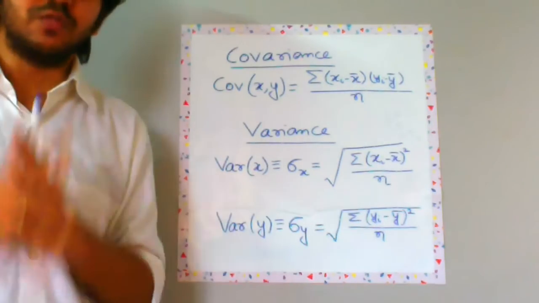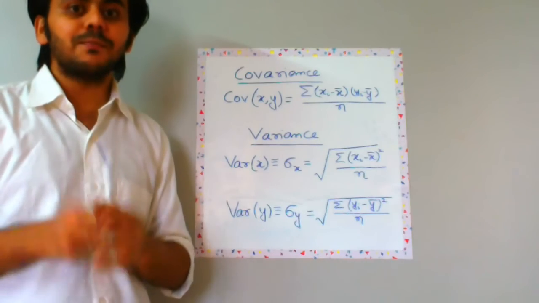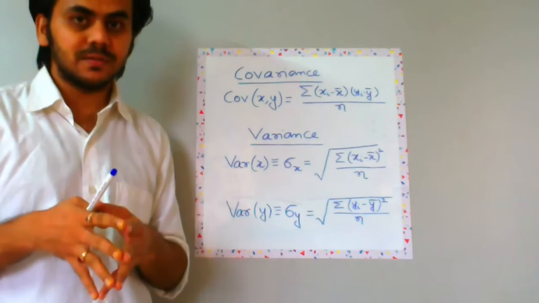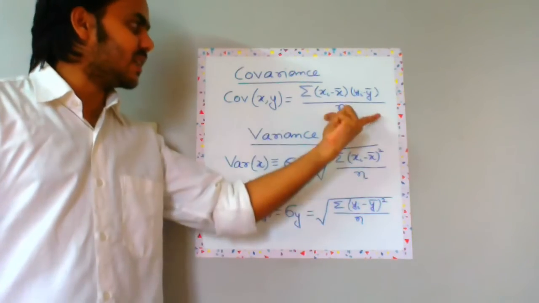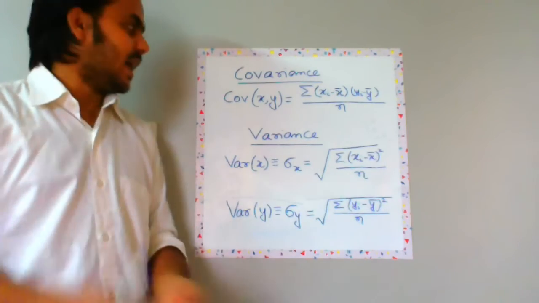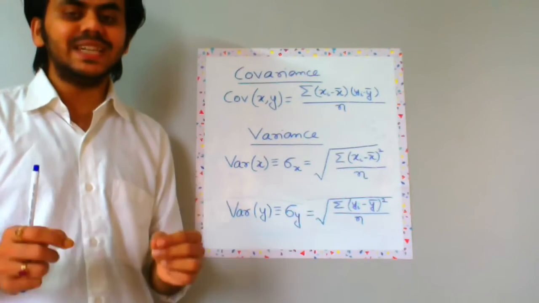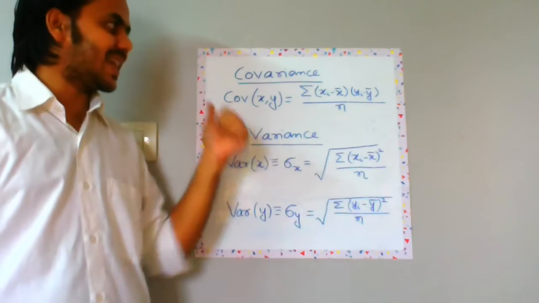If you know covariance in xy, variance in x and variance in y, we can move ahead to finding the simple correlation coefficient. So covariance will be positive when we have a positive linear relation, and covariance would be negative when we have a negative linear relation, and covariance will be 0 when we have almost no linear relation between x and y.